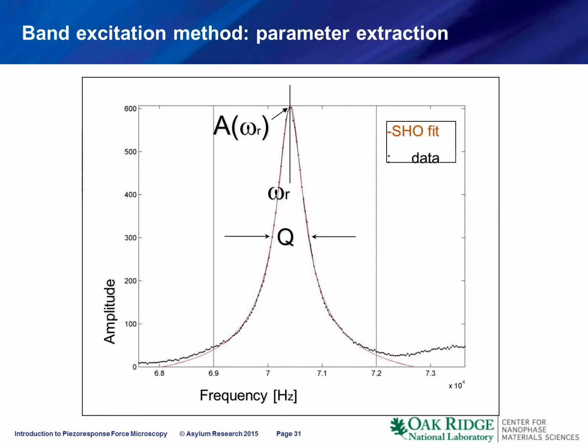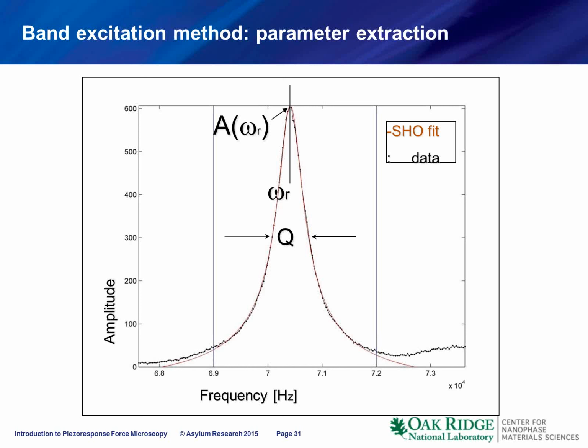So what do we learn with the band excitation? The answer is very simple. If we excite the system by a single sine wave, we learn the response only at one frequency. If we excite the system using the band excitation, we learn the response in a band of frequencies, which means that we basically recover this full amplitude-frequency curve, or rather the segment of the curve that we're interested in, in the given frequency interval.